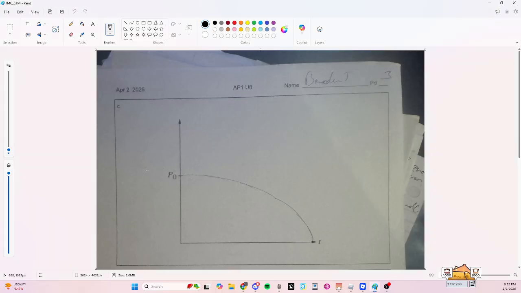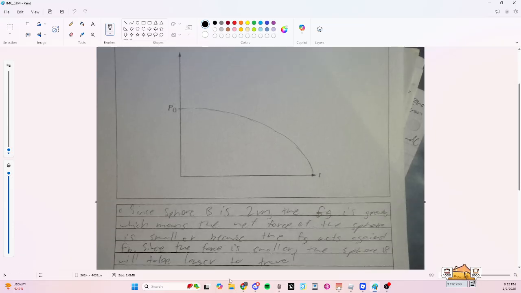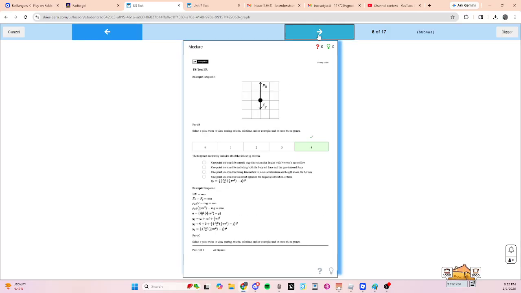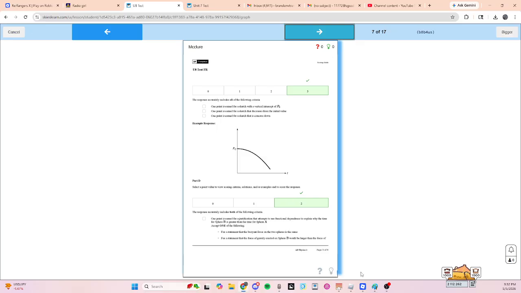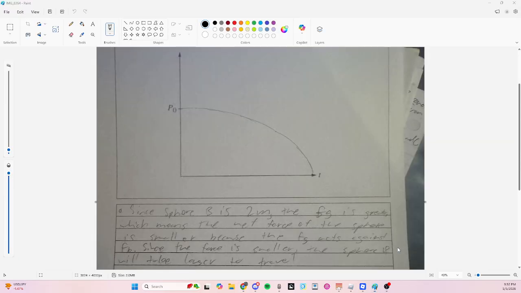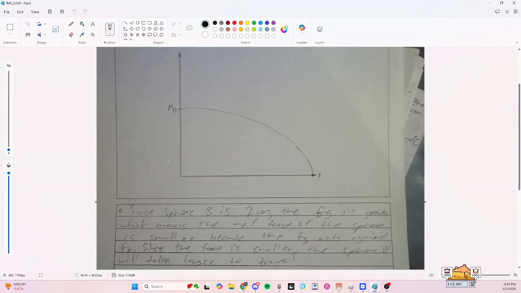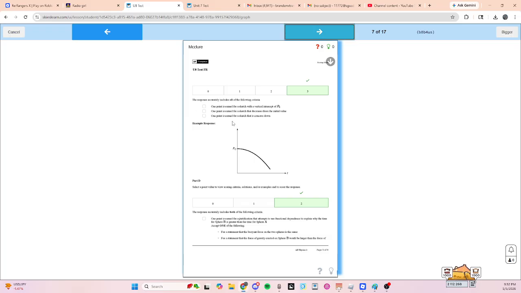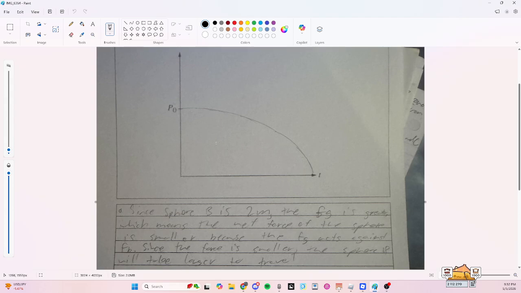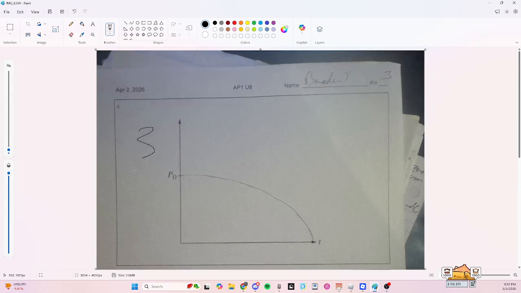So here I got it goes down, concave down. Vertical intercept of P0, yep. Sketch that decreases from the initial value, yep. And for sketch that's concave down, I did that, so 3 out of 3.